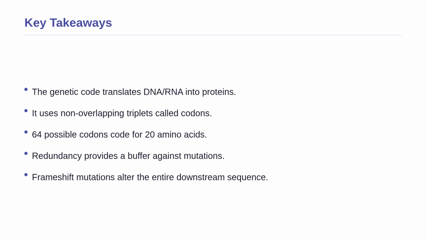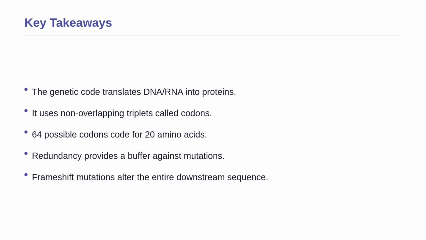We have covered a lot of ground today, so let us summarize the most important ideas. First, the genetic code is the universal dictionary that translates the nucleotide language of DNA and RNA into the amino acid language of proteins.